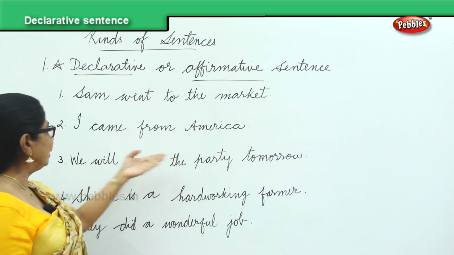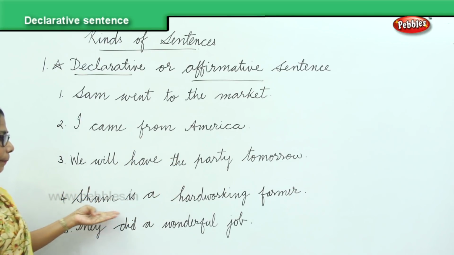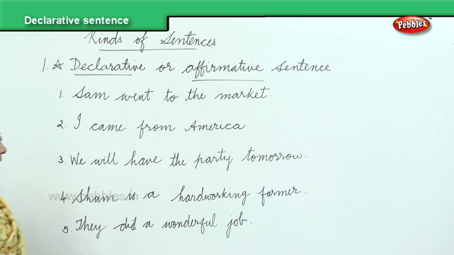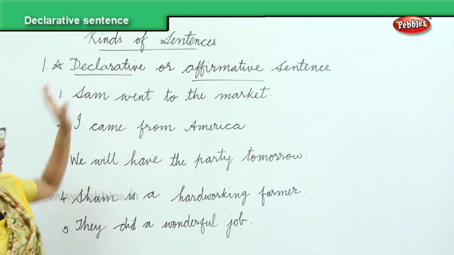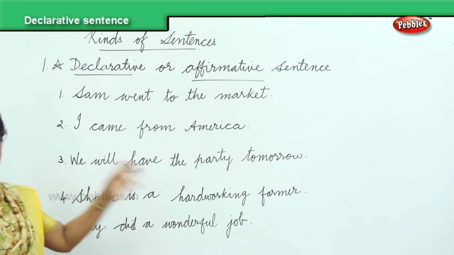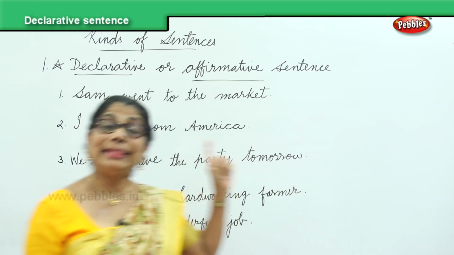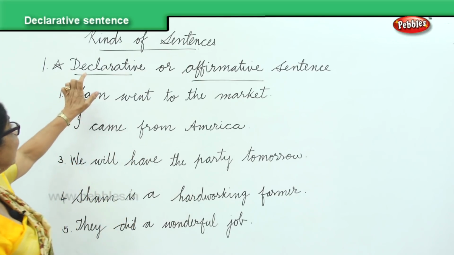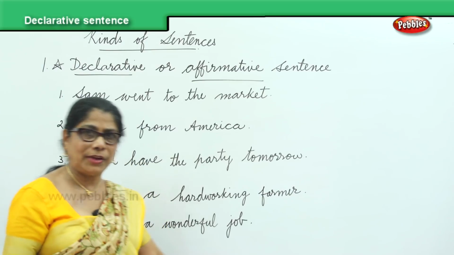I came from America. We will have the party tomorrow. Sam is a hardworking farmer. They did a wonderful job. Now all these are declarative or affirmative sentences. Now is it positive or negative? They are all positive, declarative or affirmative sentences, all 5.